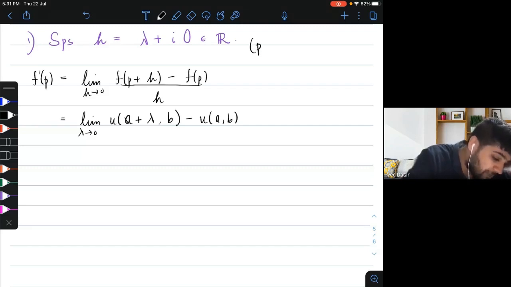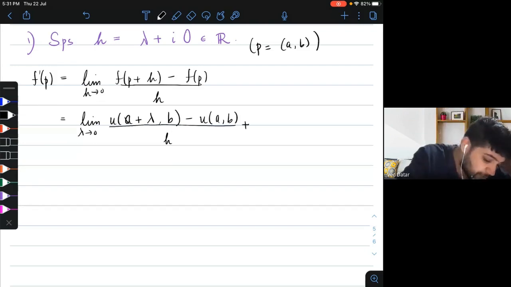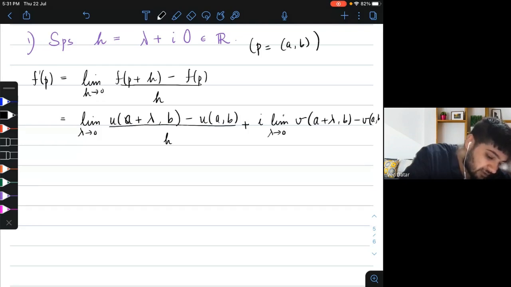So remember, my p is always equal to a b, that's the notation I'm sticking with. Divided by lambda, so that's the real part of this difference quotient, plus I times the limit as lambda goes to 0 of v of a plus lambda comma b minus v of a b divided by lambda.